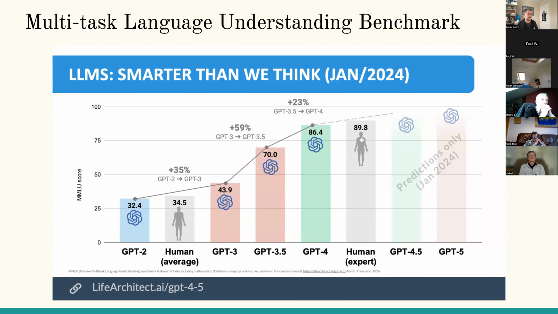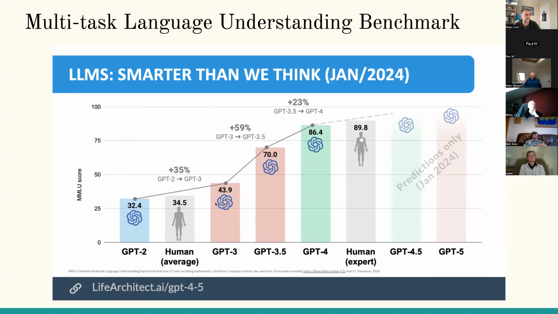Now then, this is interesting. This is one particular benchmark. I'm nearly at the end, so we can drop off soon. This is the multitask language understanding benchmark that I mentioned. GPT-2 scored 32% in that test. The average human in the world, by definition, has an IQ of 100, and scores just a bit more than that.